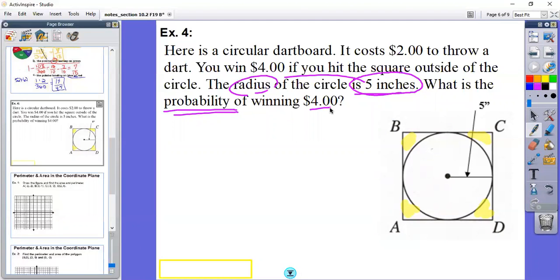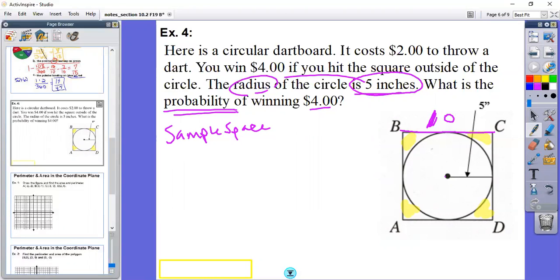So first thing I'm going to do is just find the sample space, which is that big square. Now they gave us the radius, but that circle is inside of the square. So that means if I double it, I'll have all the way across the circle, or rather all the way that side of the square.